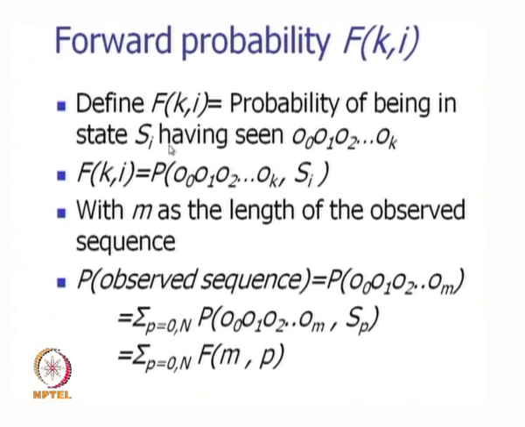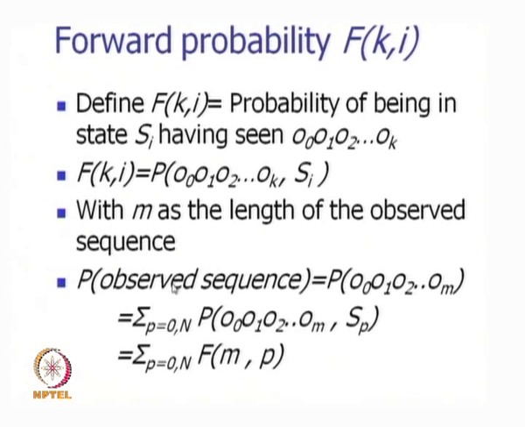This particular expression was defined as the forward probability, and the expression for that is P(O 0, O 1, O 2 up to O k, S i). So, the machine has seen, or might have output, these symbols O 0, O 1 up to O k, and then enters the state S i. M is the length of the observed sequence.